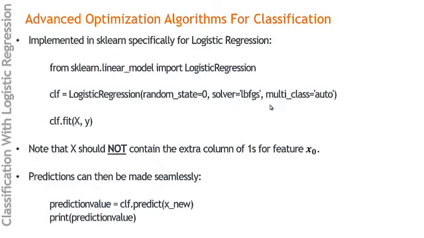And you can read up on these options, what they mean. You can probably simply use the default options. They're just fine. Now this is the classifier. All you have to do then is supply your data to the classifier and sklearn will do the rest. So in this case, logistic regression is set up not to require the x0 feature.